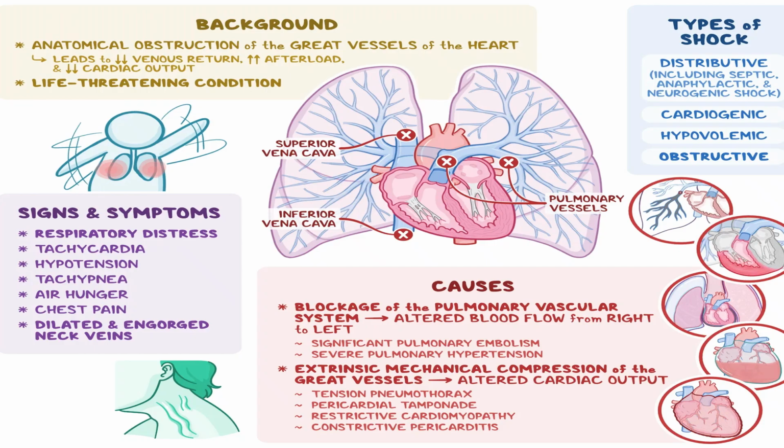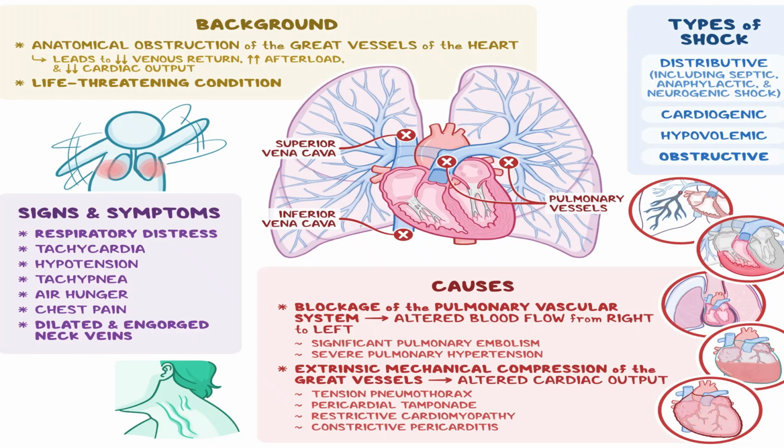Obstructive shock is going to be caused by some type of anatomical obstruction of the great vessels of the heart. And I want you to think about what's happening. So you have an obstruction, so blood is not able to adequately flow through that area. So you're going to have that decrease in venous return, or that decrease in preload.